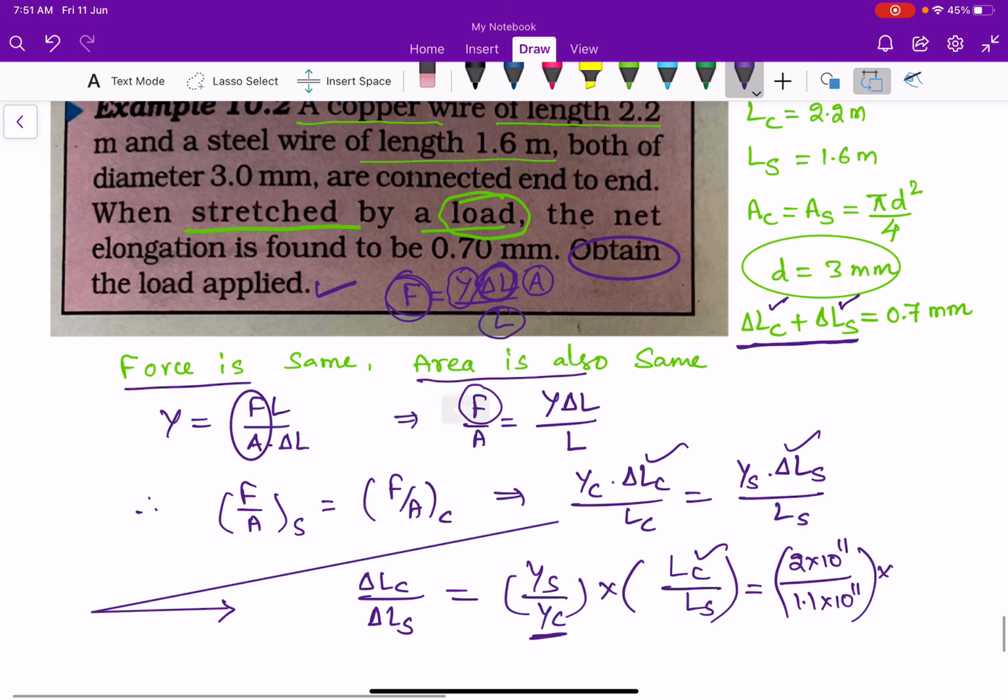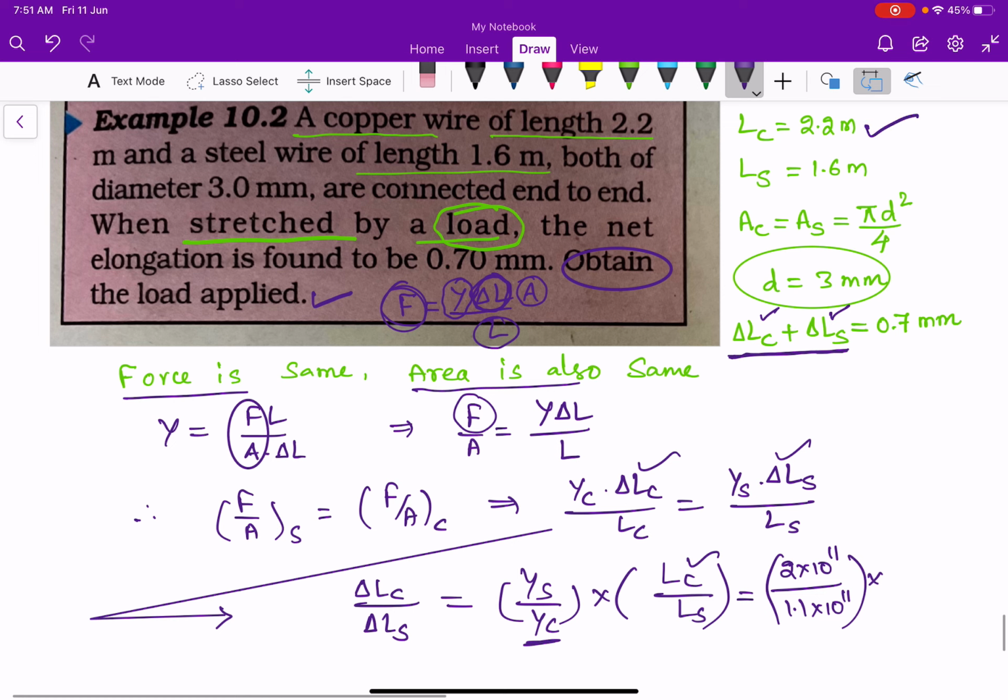LC is nothing but the length of copper wire, 2.2, divided by LS, the length of steel wire, 1.6. Here the 10 to the power of 11 cancels out. So 1.1 into 2 is nothing but 2.2.